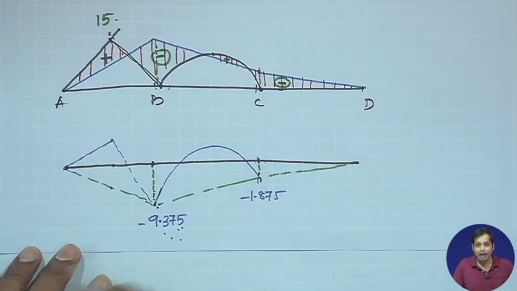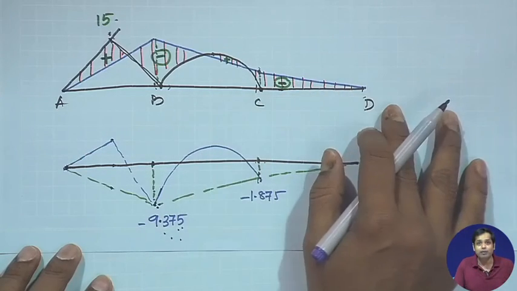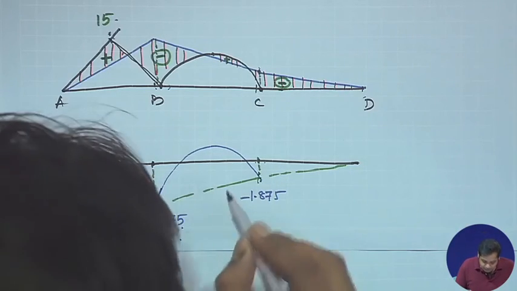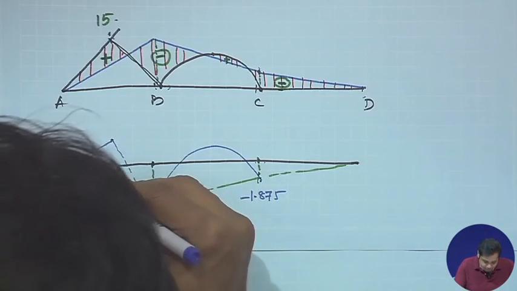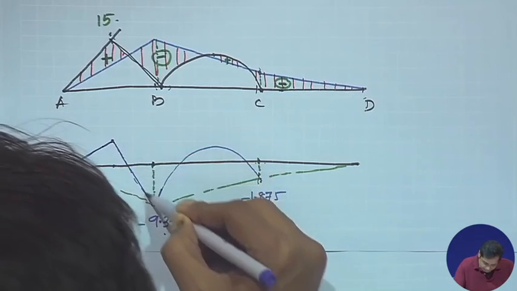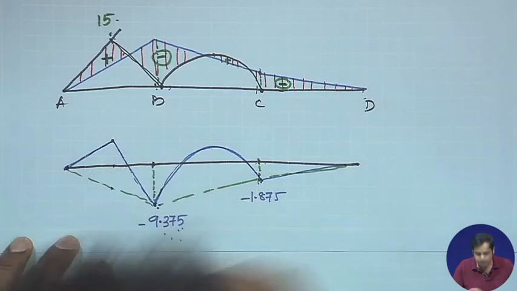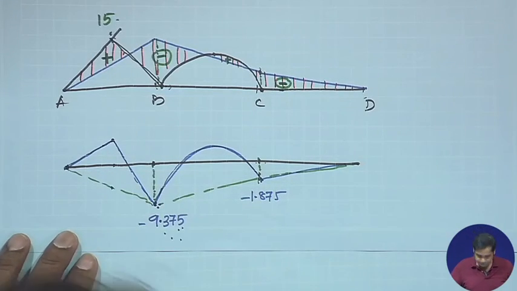Okay. And between C and D there is no bending moment due to the external load, it is only the redundant forces. So, the bending moment for this becomes this.